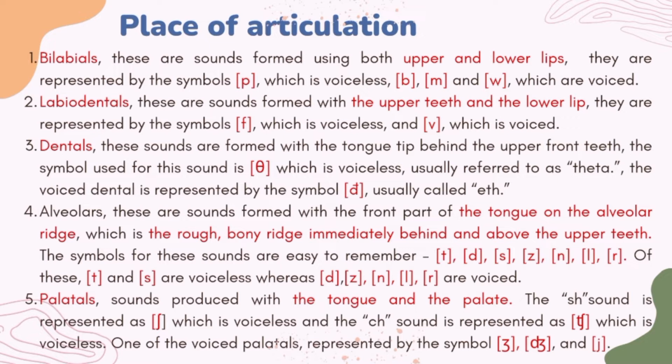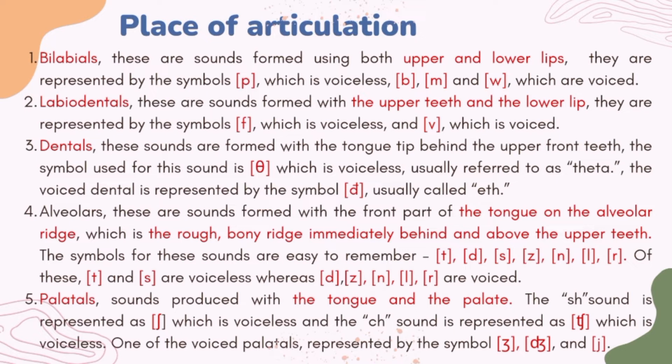Number four, alveolars. These are sounds formed with the front part of the tongue on the alveolar ridge, which is the rough, bony ridge immediately behind the upper teeth. The symbols for these sounds are easy to remember: t, d, s, z, n, l, r.